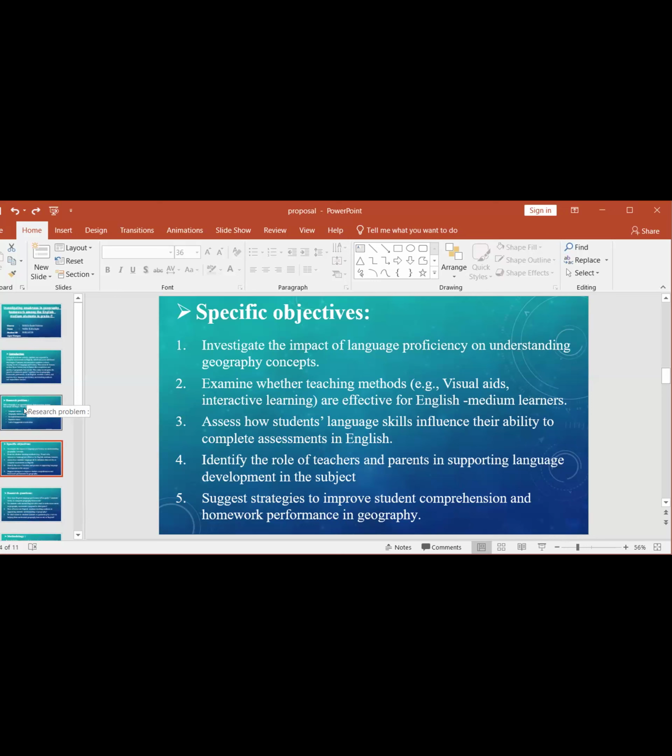Okay, the last one, to suggest strategies to improve student comprehension and homework performance.